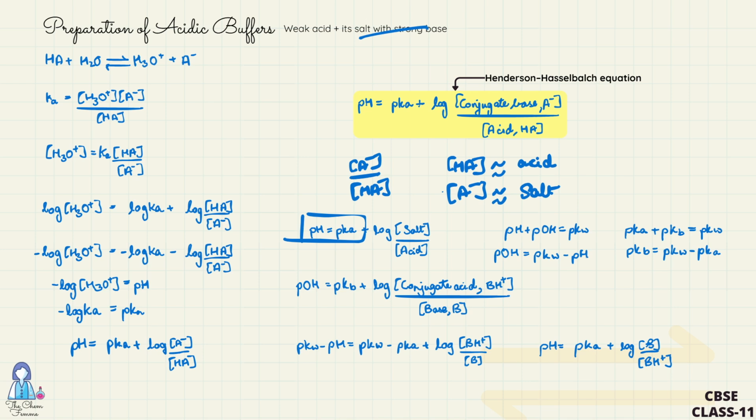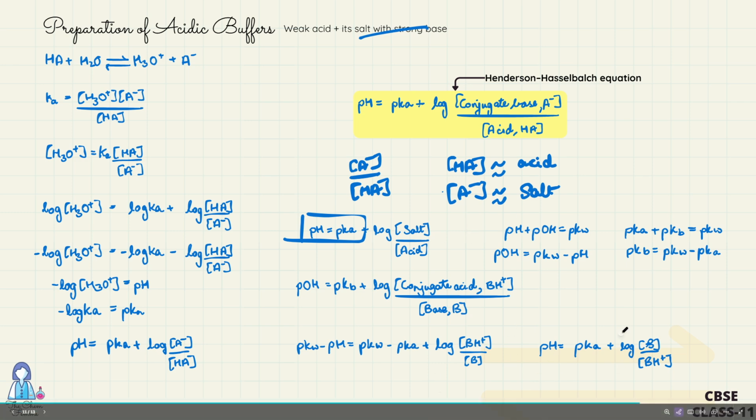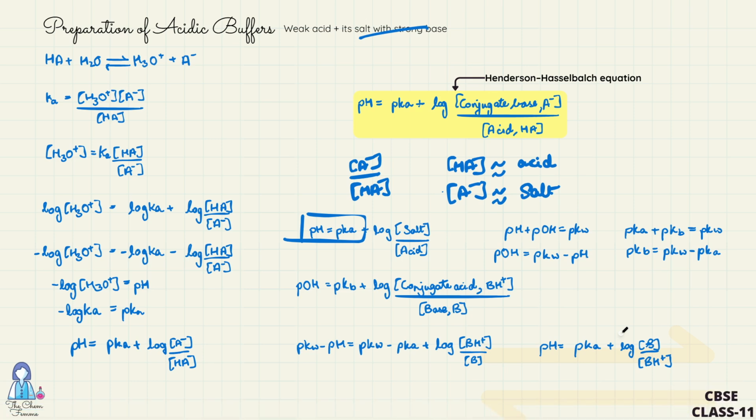Ammonium hydroxide is the weak base, and the pKa value for ammonia is 9.25. So the buffer solution of equimolar concentration of ammonium hydroxide with ammonium chloride will give us a pH of 9.25.